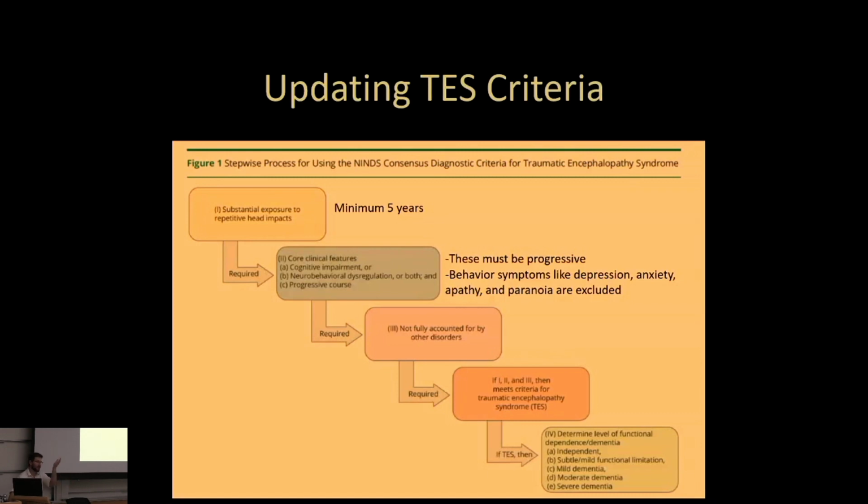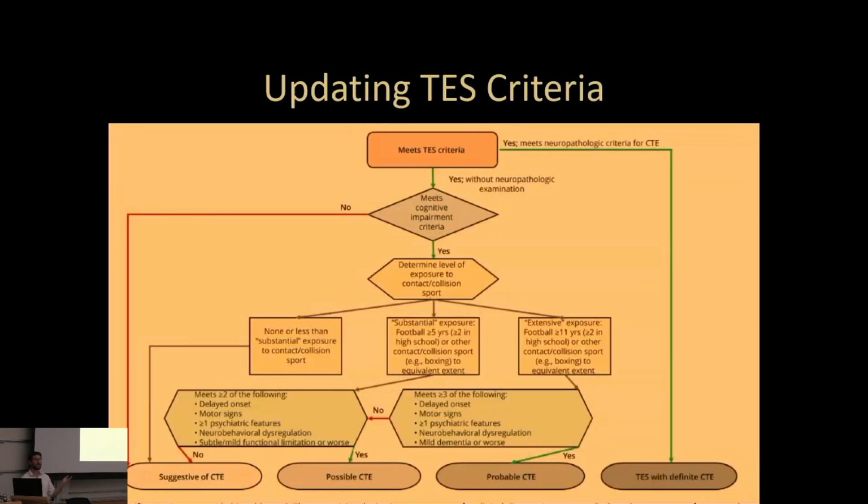Then there's a whole other cascade of what kind of TES you have. If you are found to have TES, you have to go through this suggestive, possible, probable, or definitive criteria here. And don't get too caught up in all the little boxes there. The important thing here now is if you do have TES and you don't have cognitive symptoms, you are immediately lumped into suggestive, because it seems the cognitive component is one of the most descriptive elements of it.